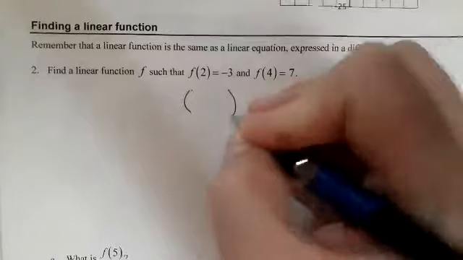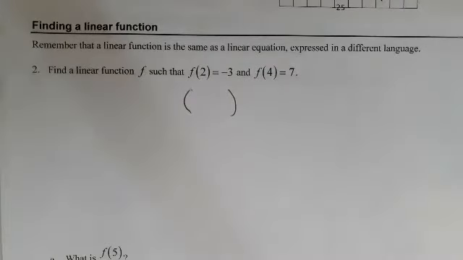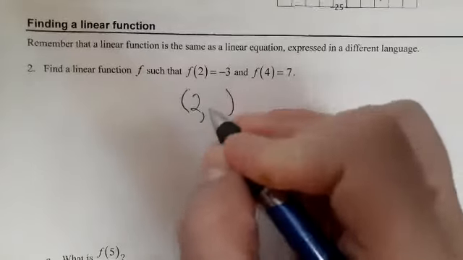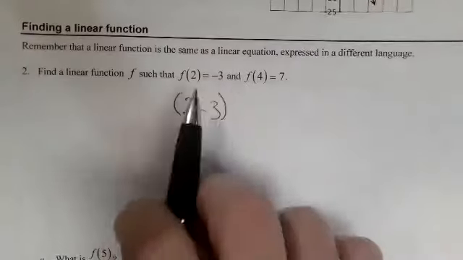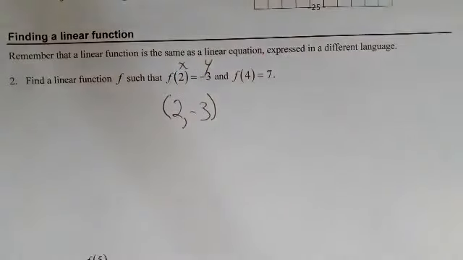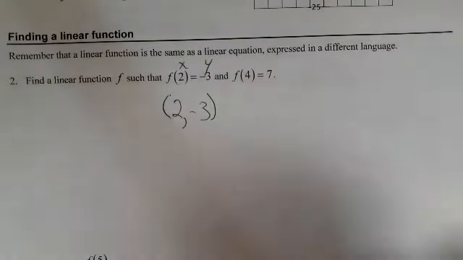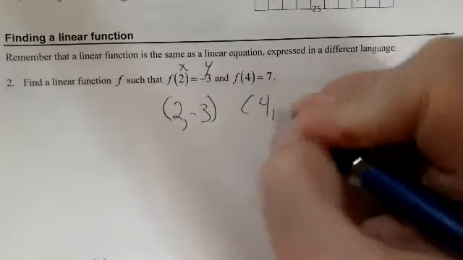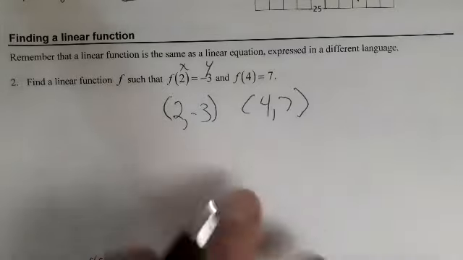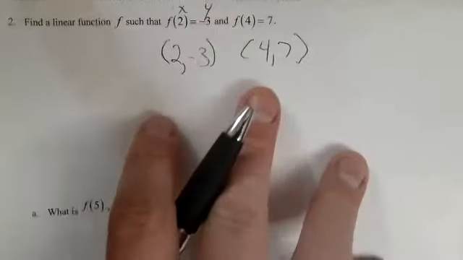Looking at it as an ordered pair, 2 is my x, and this is my y value. If you write these as points, we're trying to find a linear function that goes through those points. And we know how to do that already. We know how to find a function that goes through 2 points.